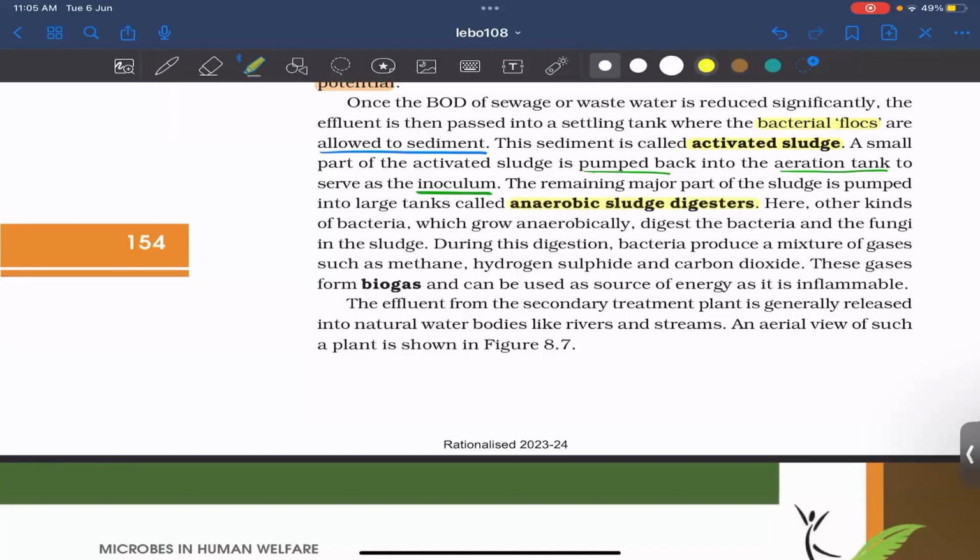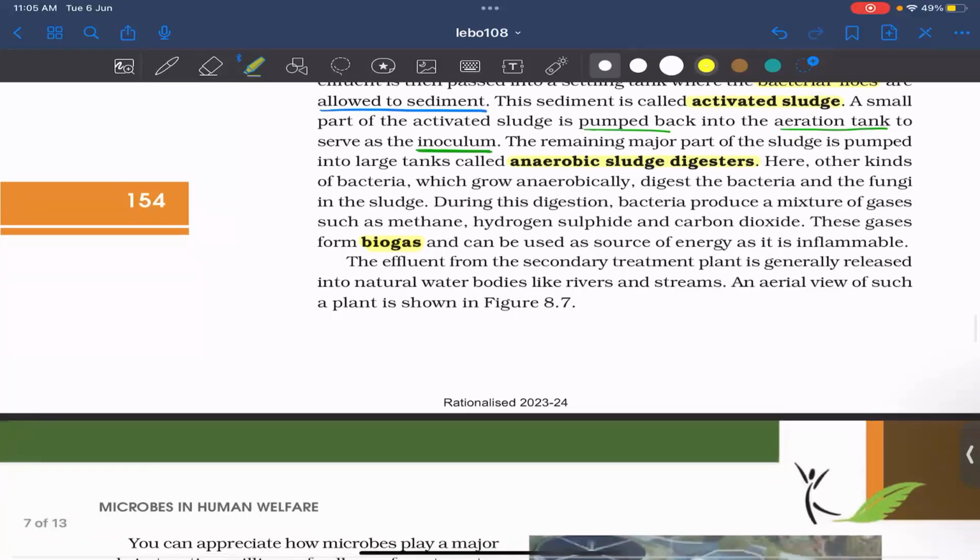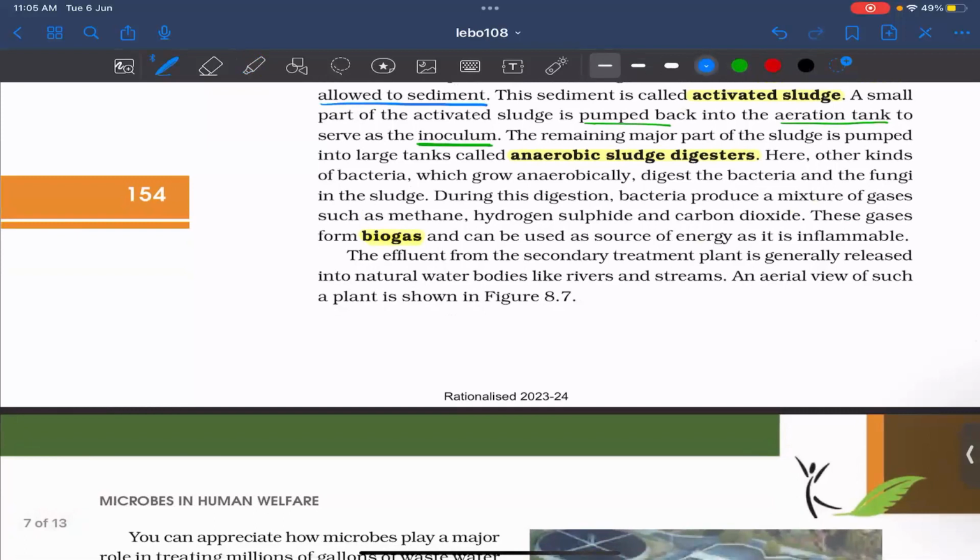These are used in the formation of biogas, which is a source of energy as it is inflammable. The bacteria anaerobically digest the remaining sludge, the bacteria and fungi.